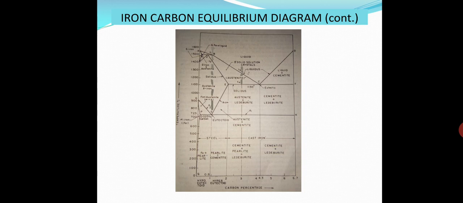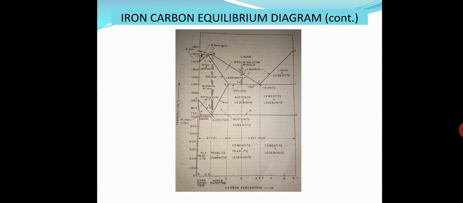And here the structure is similar to the eutectoid point. At the eutectic point, ledeburite results due to phase transformation. But from 2% up to 4.3% carbon, that is known as hypoeutectic cast iron, and there austenite and ledeburite result.